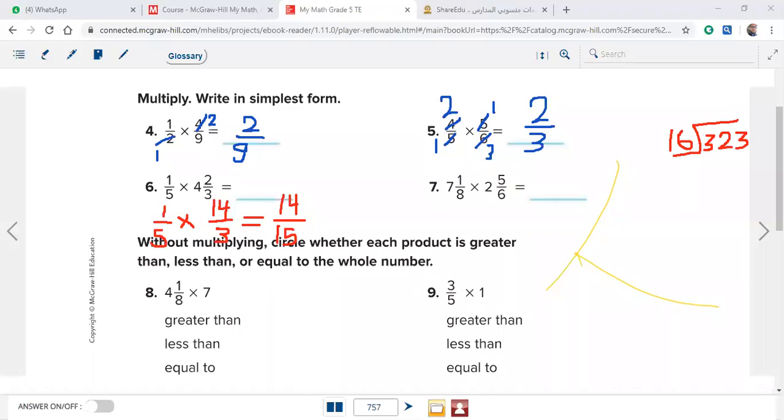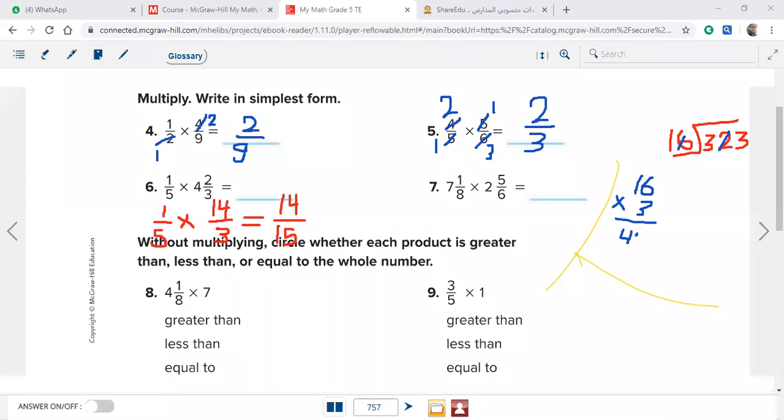Cancel the first with the first, as we learned before, cancel 2 with 6. So I divide 3 by 1, which equals 3. I have to test 3 before multiplying it up, as we learned in the first semester. 3 times 16 equals 48.